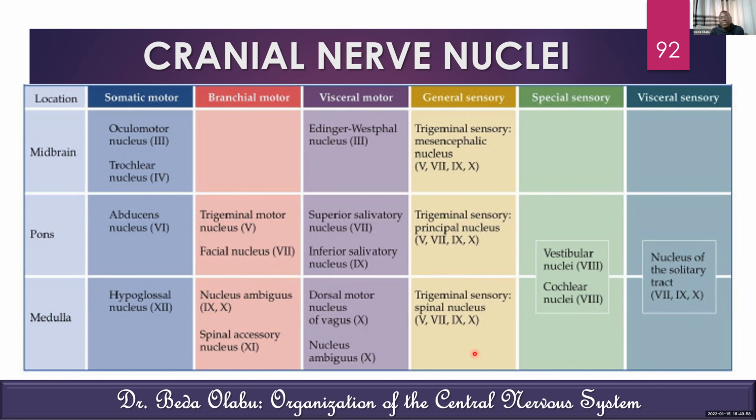Notice that, let's, for example, take the general sensory function. I told you that the only nucleus within the brainstem for general sensation is the sensory nucleus of trigeminal. If in the midbrain, you call it mesencephalic nucleus. In the pons, you call it the principal nucleus. And in the medulla, we call it the spinal nucleus, irrespective of the cranial nerve that will terminate into it.